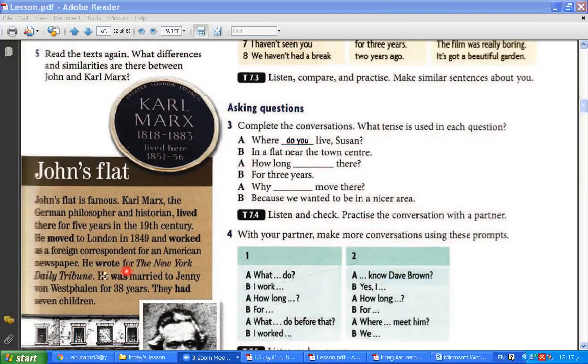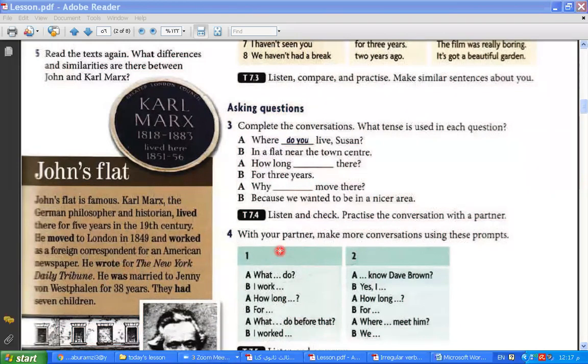Oh, great. Yes. Also, he was married to Jenny, and they had 7 children. Yes. So he wrote for this newspaper, the New York Daily.